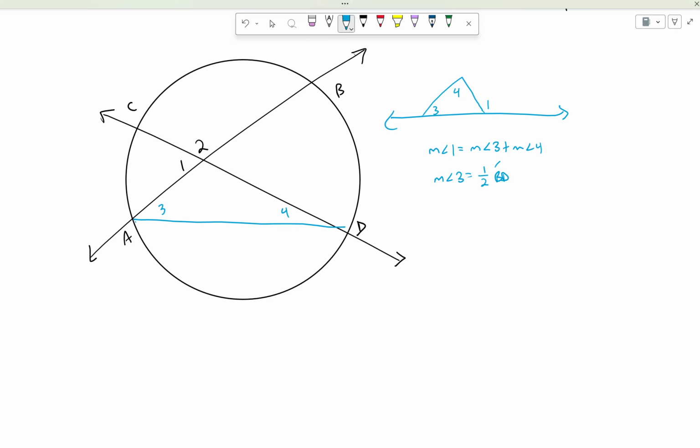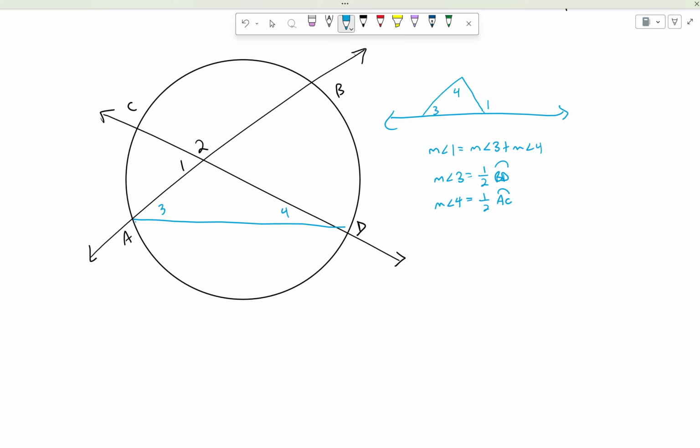That's the corresponding minor arc to this inscribed angle, because angle 3 has its vertex on the circle. So the measure of angle 4, if I had my diagram down a little bit better, is 1/2 of this arc right over here, AC. So we can do some substitution.